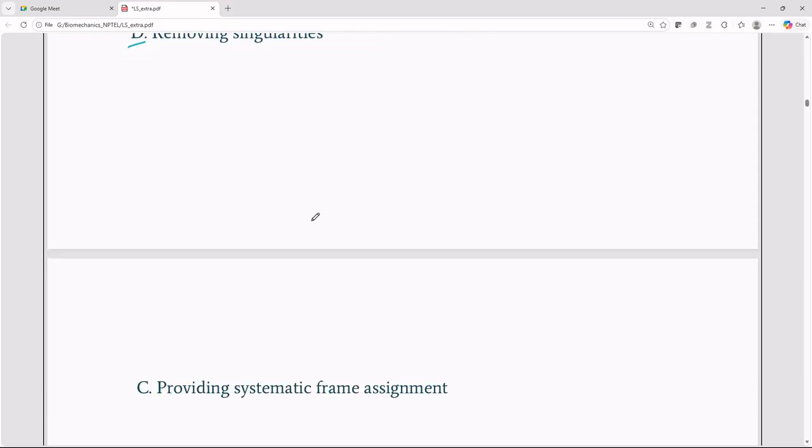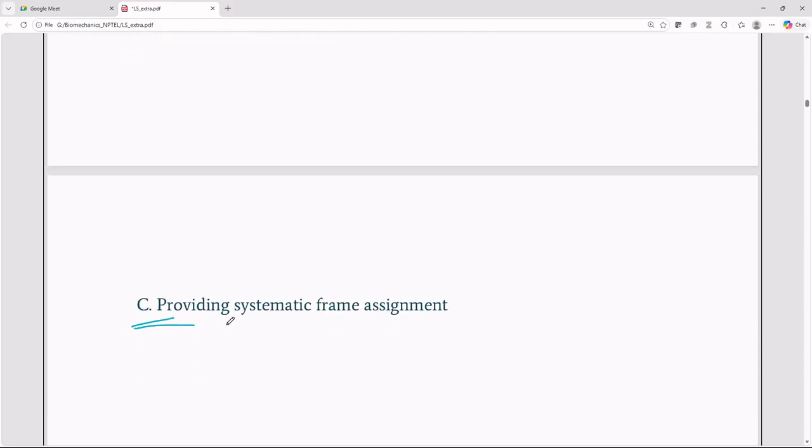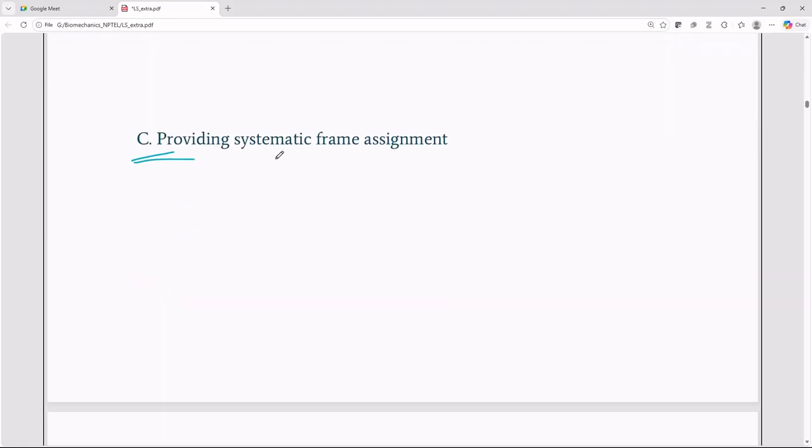Correct answer is option C, by providing a systematic frame assignment.